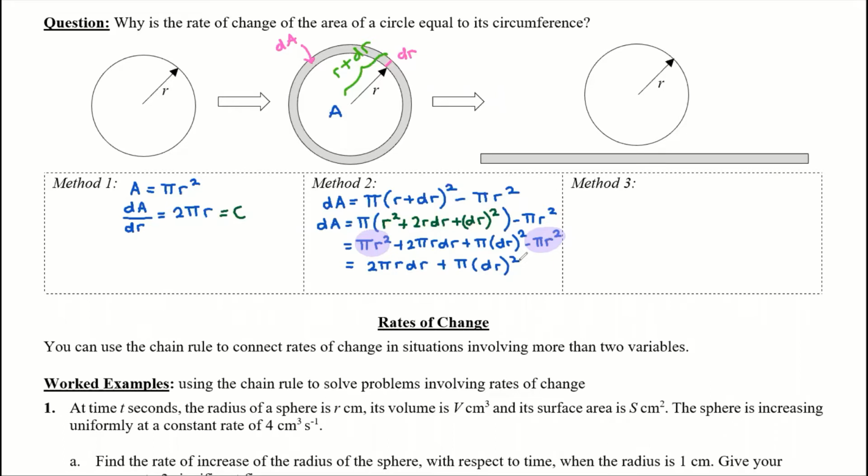Now what we're going to do next is, if we divide everything by dr and take the limit as dr approaches 0, that's what we've not done. So I'm going to cheat and take a bit of space up here. We can see that dA by dr is going to be the limit as dr approaches 0, but I've divided by dr, so that's going to be just 2 pi r plus dr, if I divide both sides by dr. And that, of course, is going to give me 2 pi r.